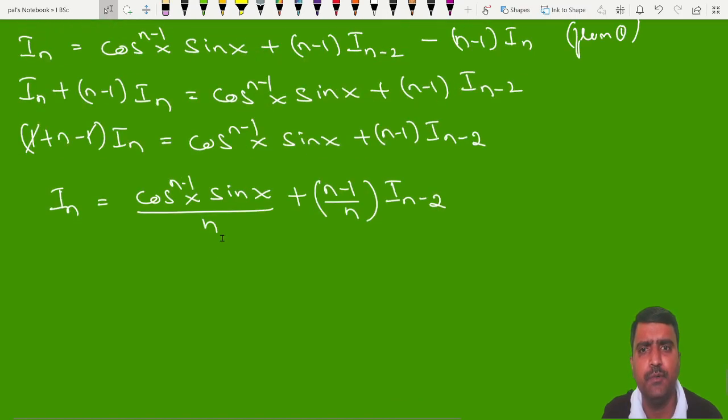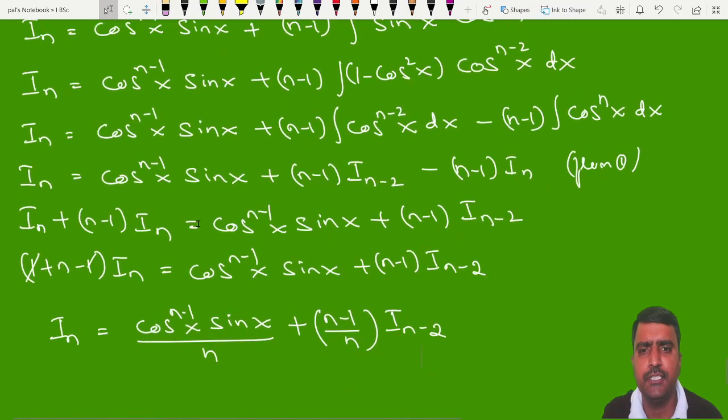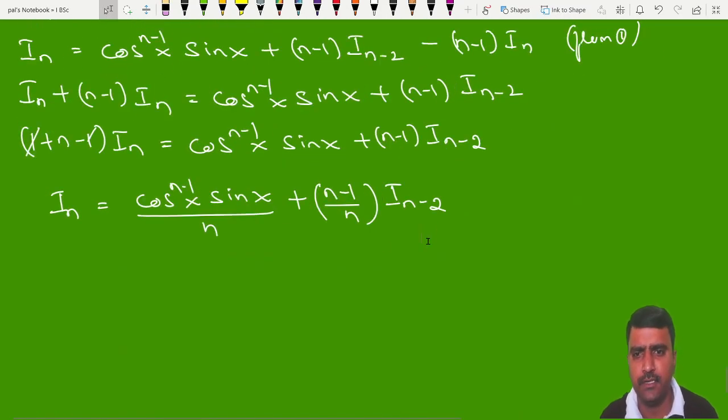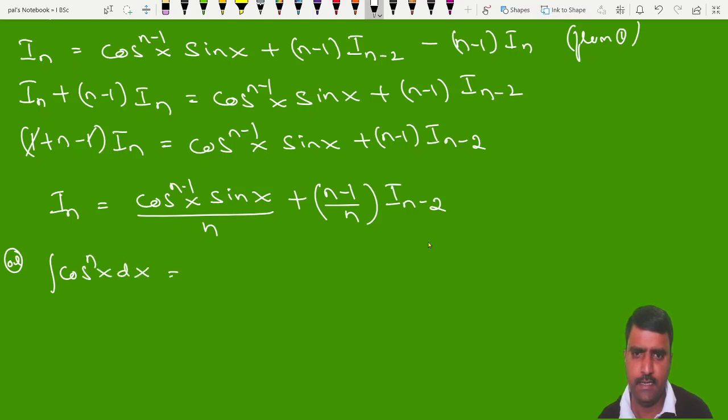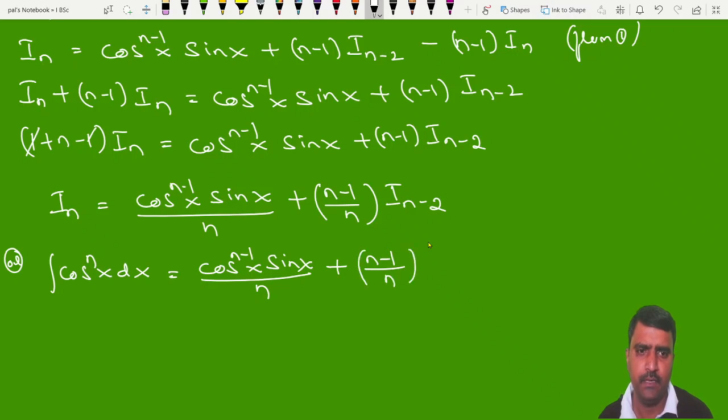Integration of cos to the power n x can be written like this, or you can write integration of cos to the power n x dx is equal to cos to the power n minus 1 x sin x divided by n plus (n minus 1) by n into integration of cos to the power n minus 2 x dx.